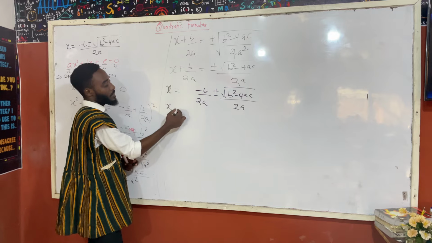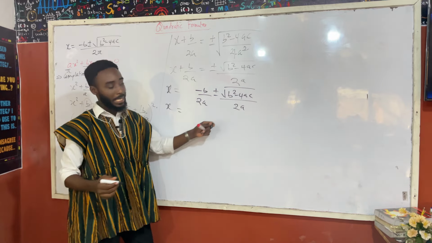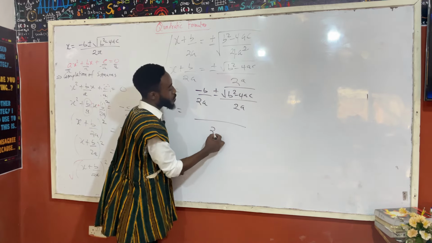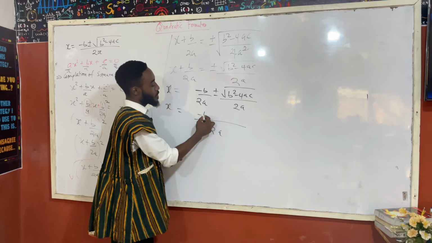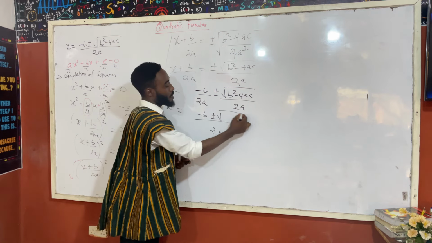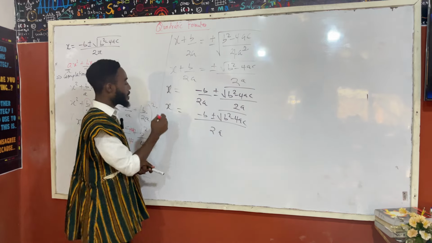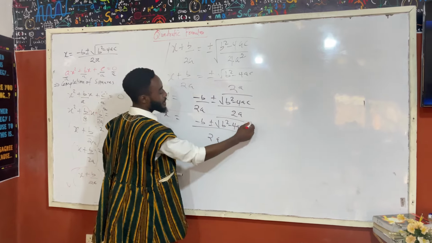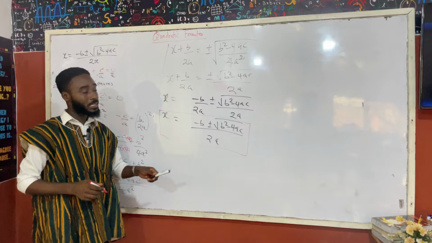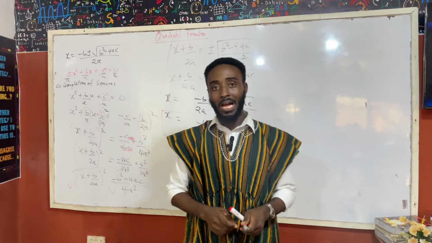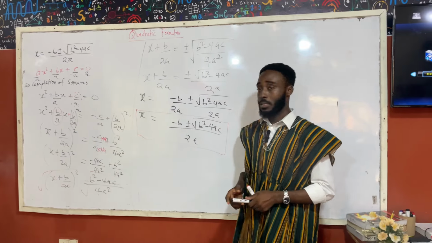We can see some like terms here and simplify this side. We would have all over 2a: minus b plus or minus root of b squared minus 4ac. So simply, this is how we get this formula. And we'll be solving some examples to see how this equation works.